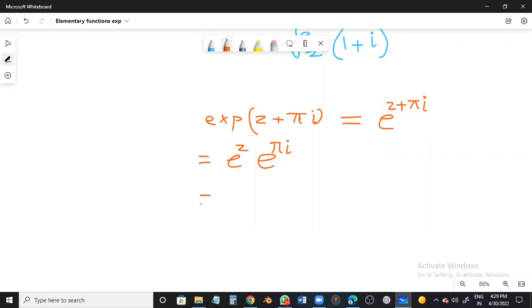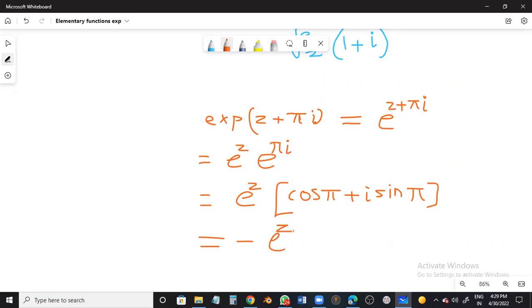Now what will happen? This will be equal to, I can't do anything until I know what is z. So e raised to z has to remain. And as far as e raised to pi i is concerned, you know better that it is cos pi plus i sin pi. And sin pi being 0, it has no contribution. And cos pi being minus 1, the sign will be simply minus e raised to z.